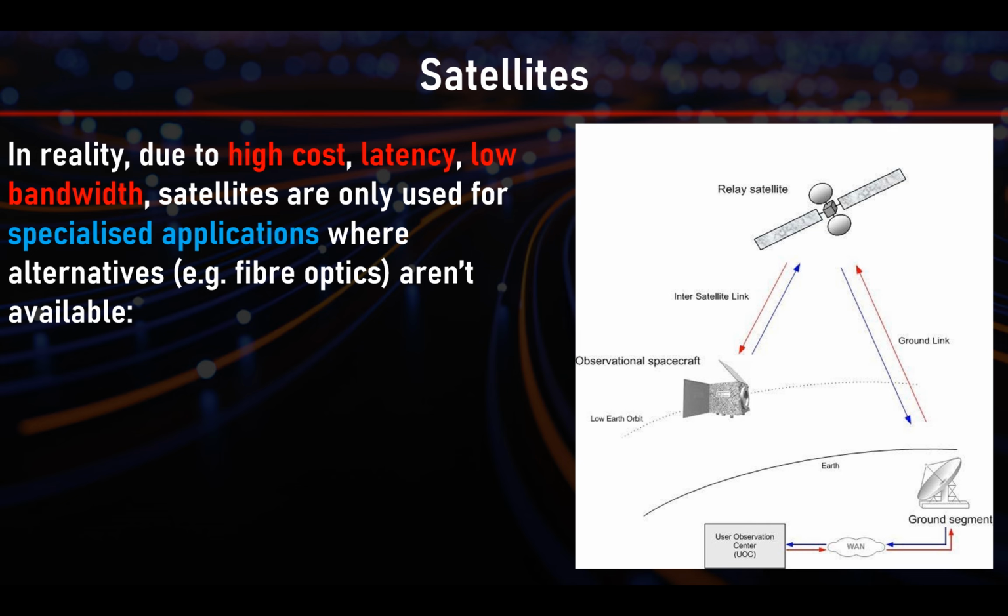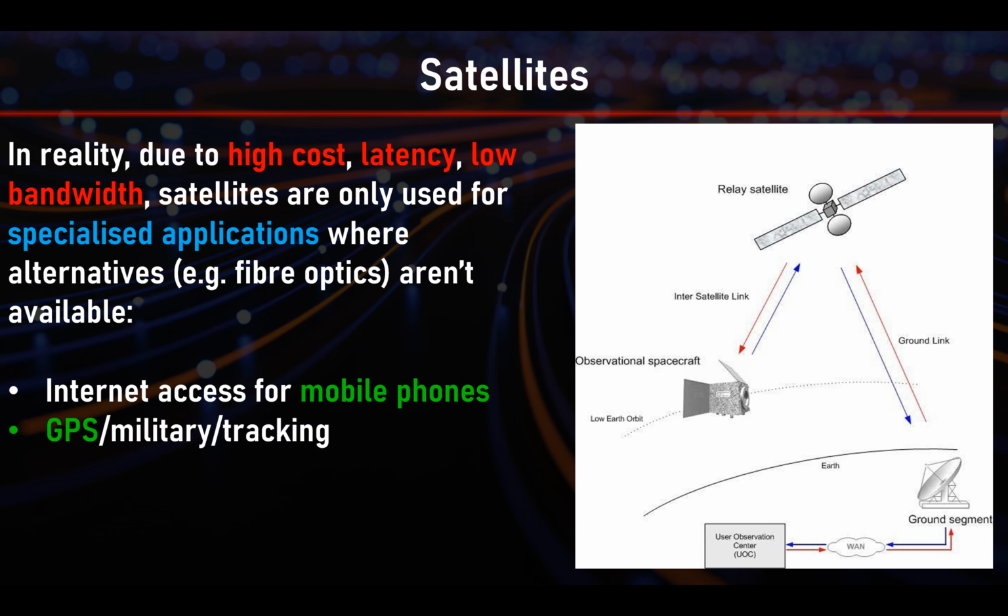However, in reality, because of the high cost, high latency and low bandwidth, satellites are really only used for specialized applications where alternatives, e.g. fibre optics, aren't available. For example, internet access for mobile phones, since we can't have wires connecting to our mobile phones.